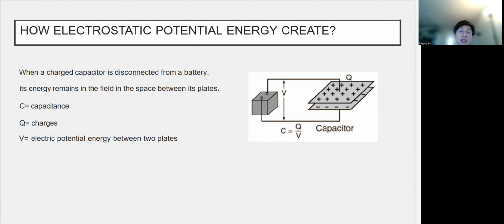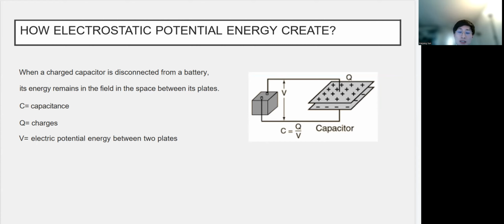As charges accumulate, the potential difference gradually increases across the two plates while charging. This potential difference can drive a current in the opposite direction. To put it simply, when the charged capacitor is disconnected from a battery, its energy remains in the field in the space between its plates.